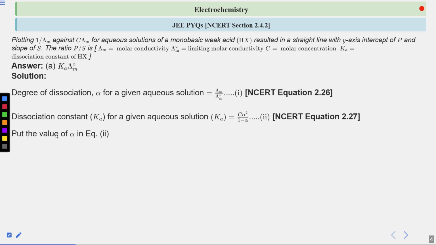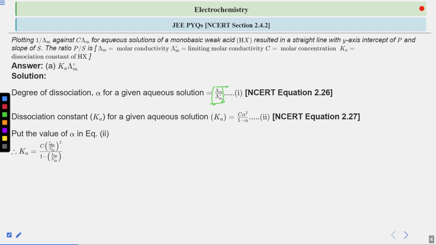Now we just have to put the value of alpha from the first equation into the second equation. So we put the value of alpha in the second equation. What we will get, therefore, is Ka equals C times, wherever alpha is, you just have to write lambda m by lambda m naught in place of alpha.